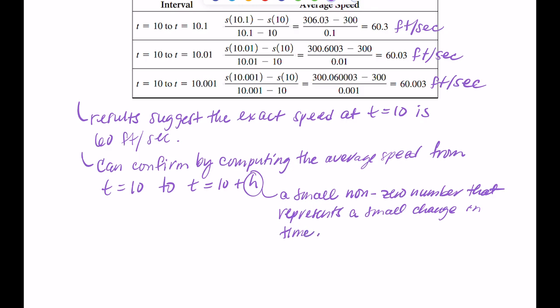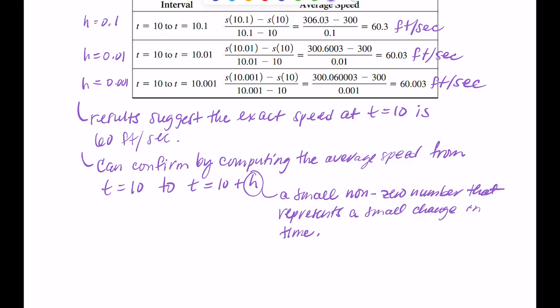In the next interval, we looked at 10 plus 0.01 seconds, and then 10 plus 0.001 seconds, and so on. And you would see that the limit would approach 60.